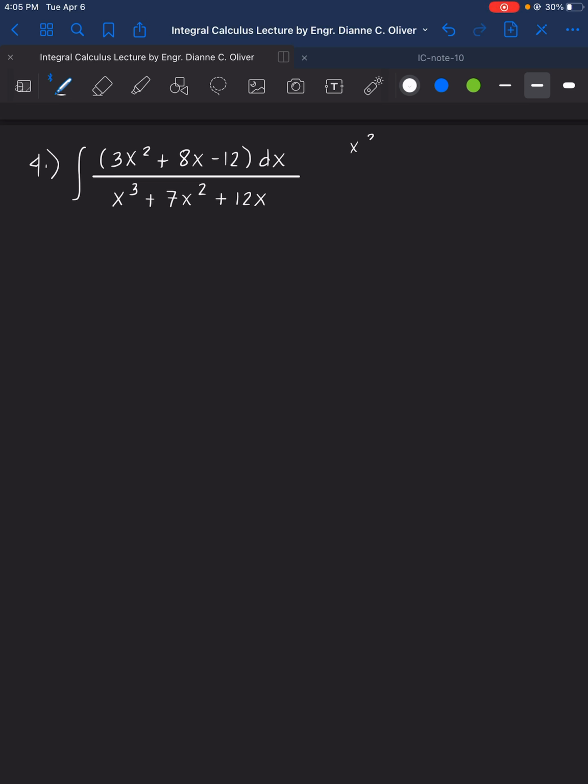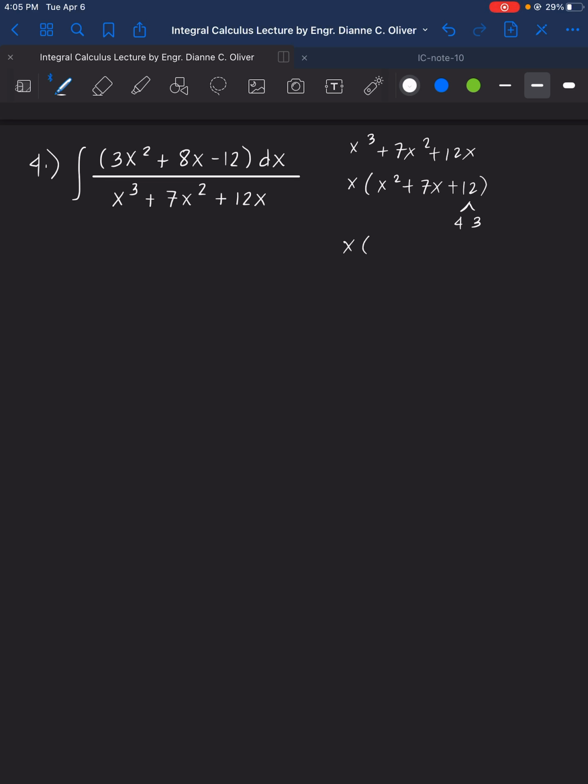So we have here x raised to 3 plus 7x squared plus 12x. So we factor this one out. We have here x squared plus 7x plus 12, then we can still factor out x. So what will we multiply here so that if we add it becomes 7? We have 4 times 3, and then 4 plus 3 is 7.